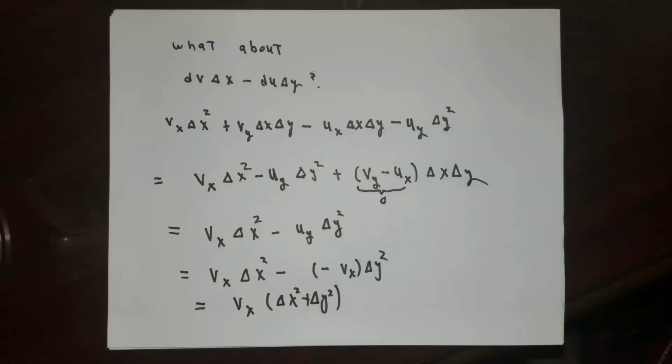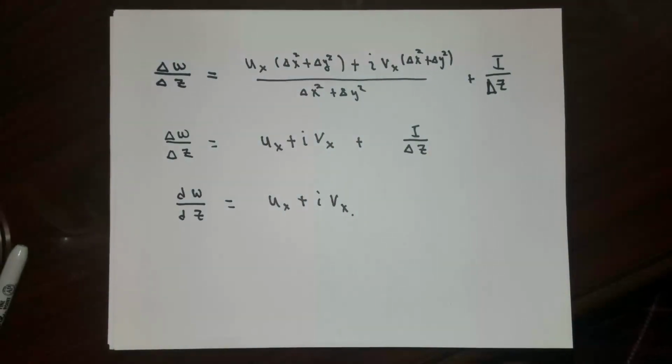It's very important to observe something here. Both the real and the imaginary parts have a factor, delta x squared plus delta y squared, and in the denominator of the fraction, delta x squared plus delta y squared appears.